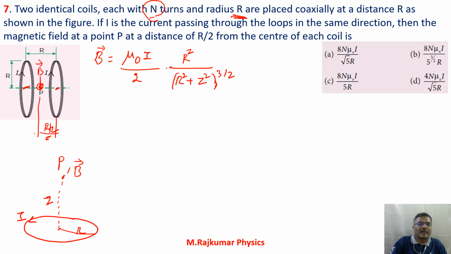This is the formula to find the magnetic field at a point situated at a distance z.